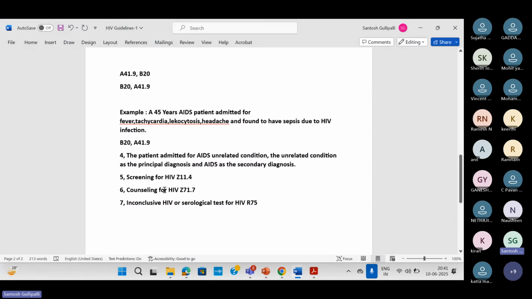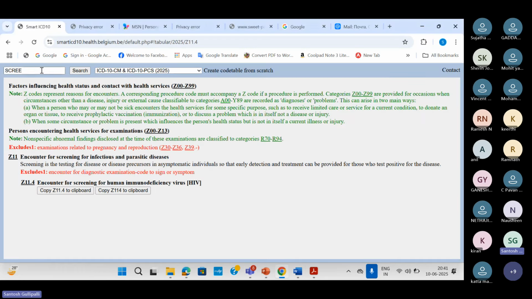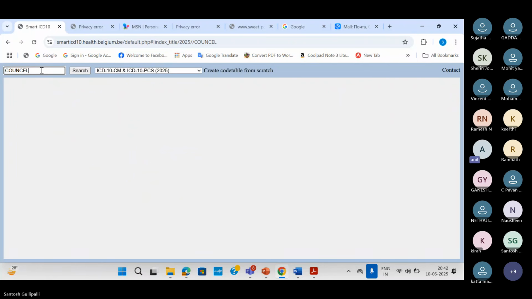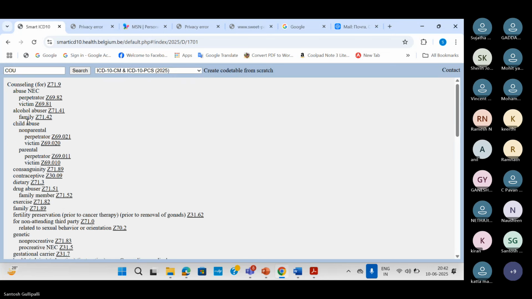Okay, next, counseling for HIV. The physician gives some counseling, like at the time of sex you must use condoms. That time the physician is giving this type of counseling, so you can assign Z71.7 and go directly to counseling.